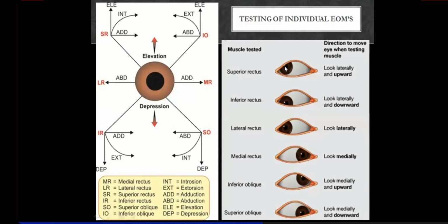Laterally and upwards. To check the inferior rectus, this arrow, ask the subject to look downwards and laterally. Lateral rectus, medial rectus, not much problem. For lateral rectus, ask the subject to look laterally. For medial rectus, ask the subject to look medially or adduct the eye.